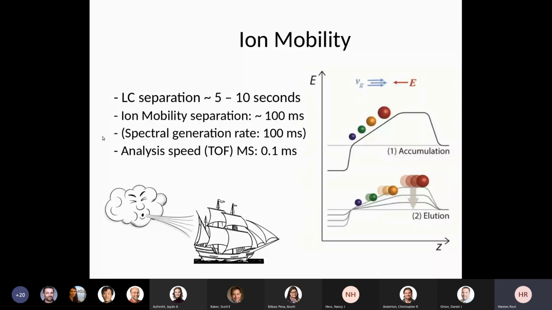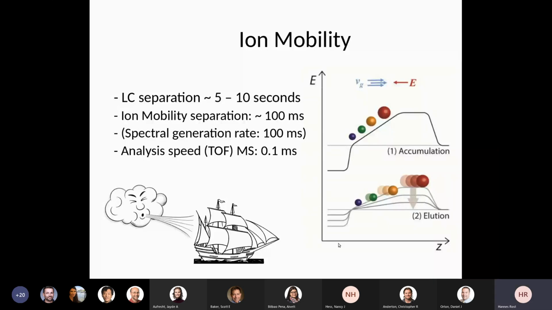It's almost a perfect fit: between the 10 kilohertz of a TOF acquisition and the 0.1 hertz separation of an LC, there is a large gap where we can very snugly fit in another separation technique that will give us additional information on the data.